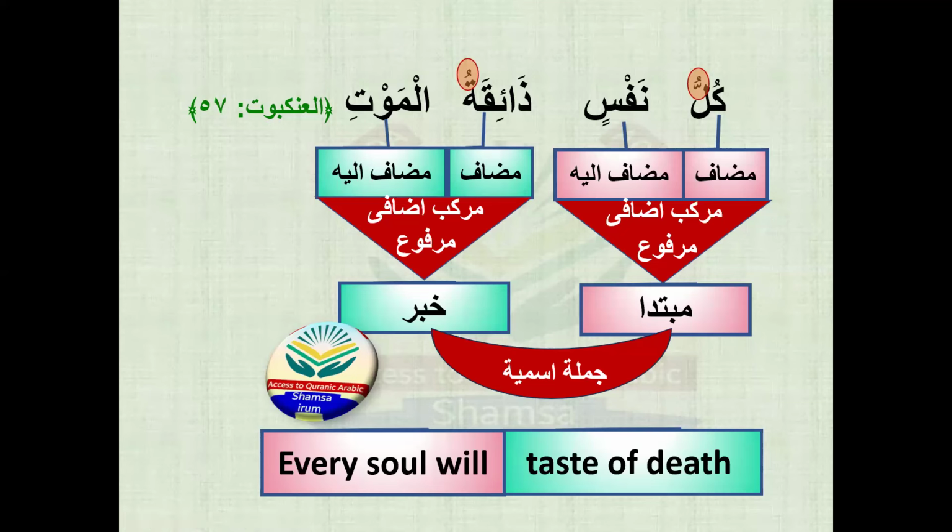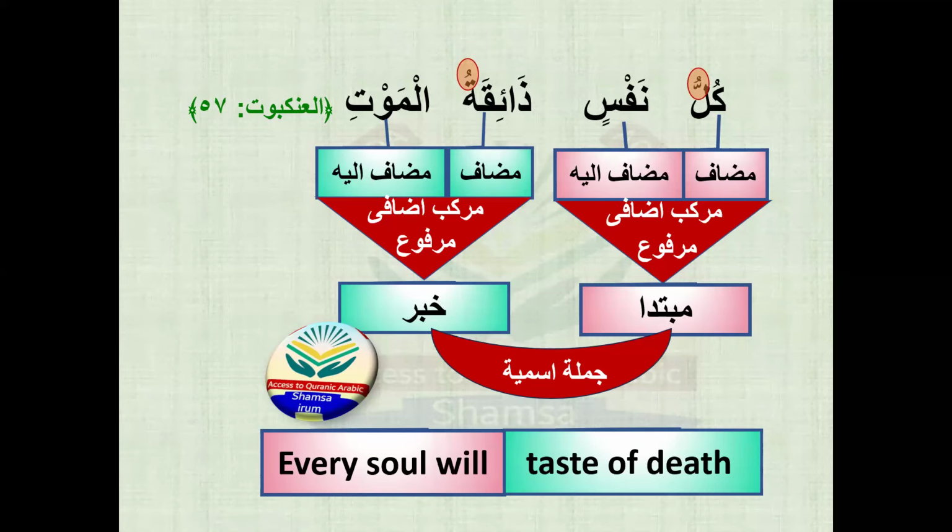The reason is that the mubtada here is indefinite because it's not for any specific soul, that we say only a few souls will taste death. No, every soul, every creature, every living being will taste death. So that's why it is nakira, because it covers all types of creatures, all living beings. It's not specific to anyone.